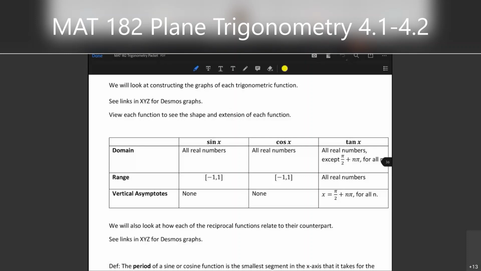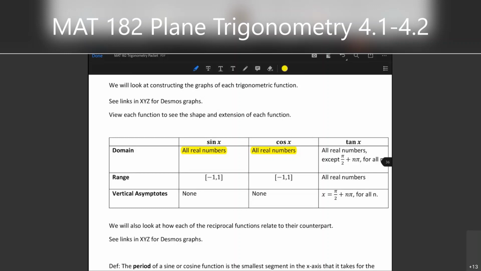So those sine and cosine functions are defined over the whole x-axis. So we can work with all numbers for these. The range for the sine and cosine function was bounded from -1 to 1. And that makes sense because we've been working with a unit circle, which is a radius 1 circle. So it's at most 1, and the smallest it could ever be is -1. So that's our range. And then no vertical asymptotes.